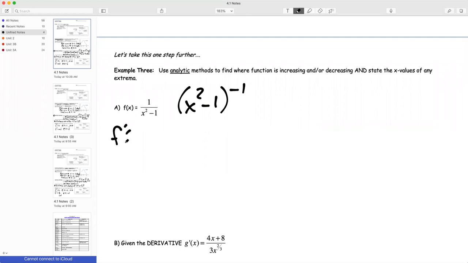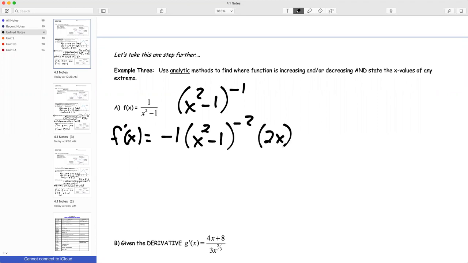So the derivative f prime of x is going to be negative 1. x squared minus 1 comes down. I subtract 1 to give me negative 2. And then I wouldn't want to forget the derivative of the inside, right? And lose points on my test, for example. All right, so I need the 2x out there multiplied.